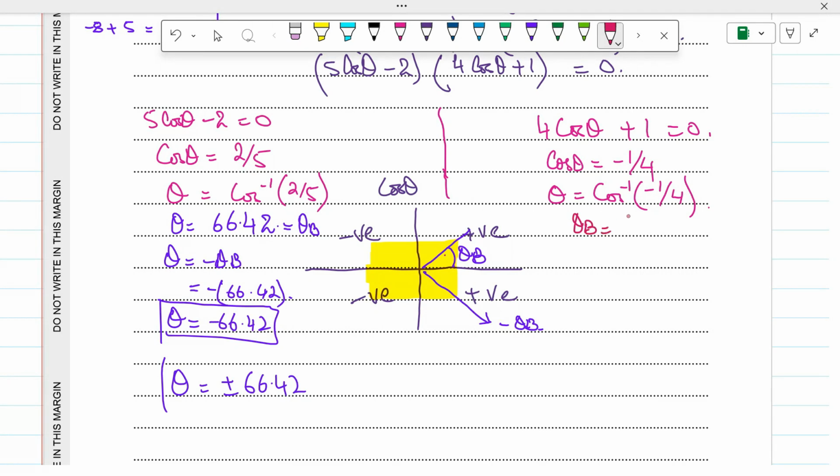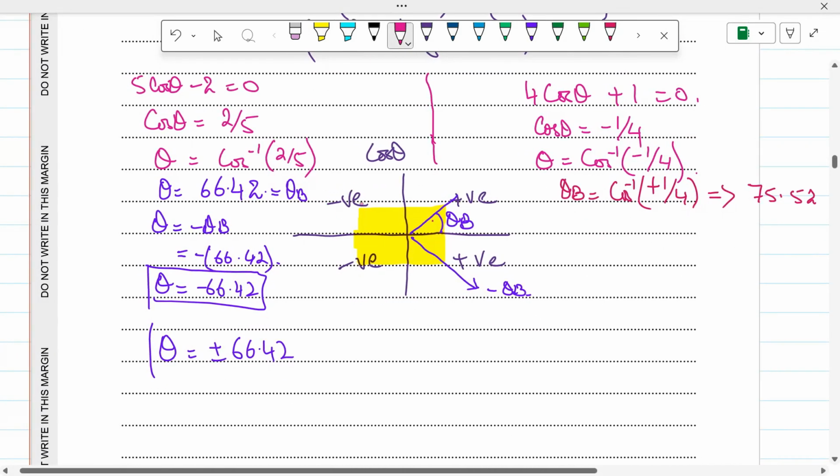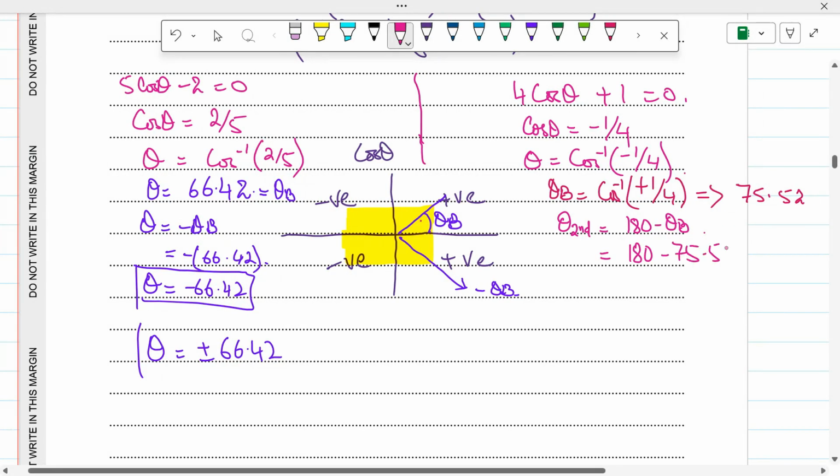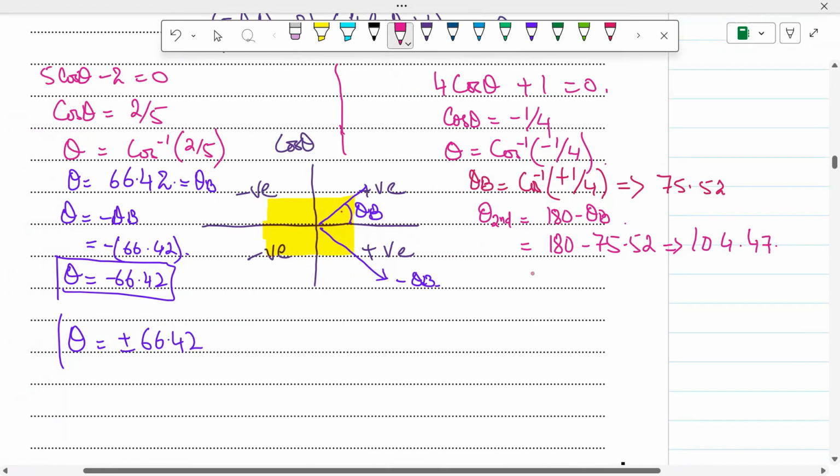The base angle is equal to the cos inverse of positive 1 over 4, which is equal to 75.52. The angle in the second quadrant can be found by using the base angle: 180 minus base angle, which is 180 minus 75.52, equal to 104.47. So we have the angle in the second quadrant, which is equal to 104.47.